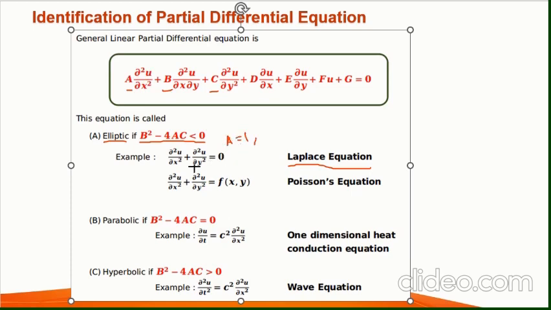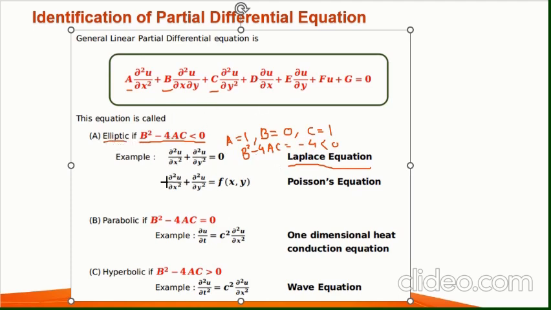The value of B is 0, because the second order mixed derivative is not present in this equation, and the value of C is 1. Now we find B² − 4AC, which gives us −4, and it is less than 0, so we can say that this Laplace equation is an elliptic equation.